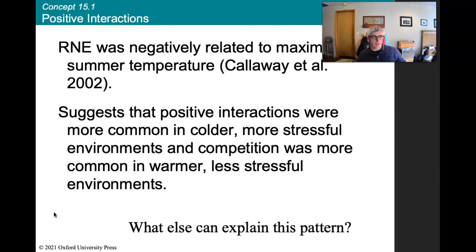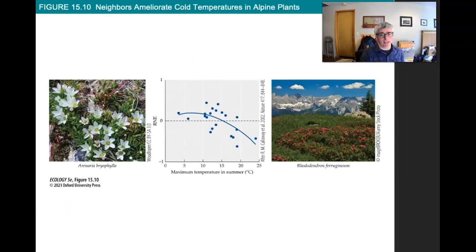At lower elevation, if light's limiting, then you're more likely to see an even distribution and more distance between two individuals, which would relate to, in this case, a more negative RNE, relative nearest neighbor. They're going to be further apart. In an alpine situation where habitat's limiting, you're going to have a higher RNE, relative nearest neighbor, because they're all going to be patched in together. So that could also explain that pattern.